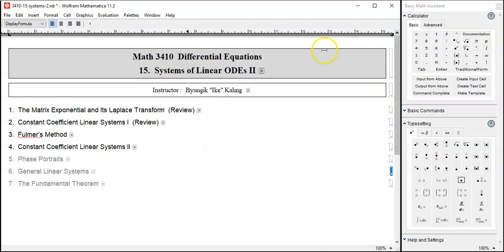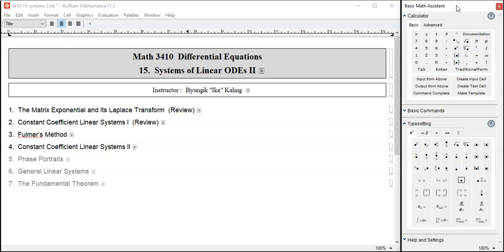We were able to extend what we did for the constant coefficient case and the method of integrating factor into a slightly more complicated fashion, and a little bit more general condition. If A and B commute, then that's it.